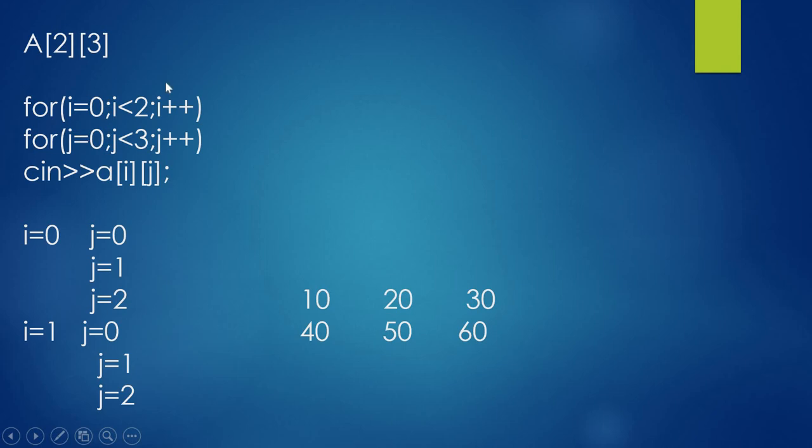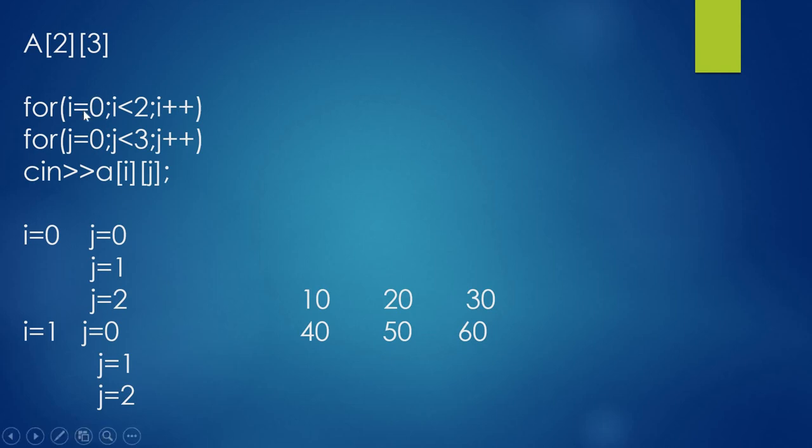The for loop representation is this one: for I equal to 0, I less than 2, I plus plus; for j equal to 0, j less than 3, j plus plus. When you write two for loops, the inner for loop executes fully before the outer loop moves on.